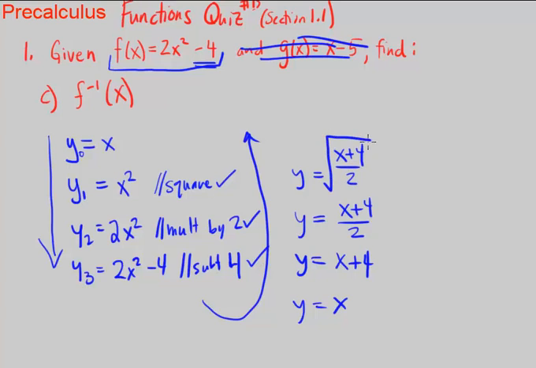So remember that we square root the entire thing, right? Everything's square rooted. Not just the numerator, not just the denominator, not just x, not 4, everything together. So this, again, right here, after we're done doing all these things in the opposite order, is our inverse function. So it's square root of x plus 4 over 2.